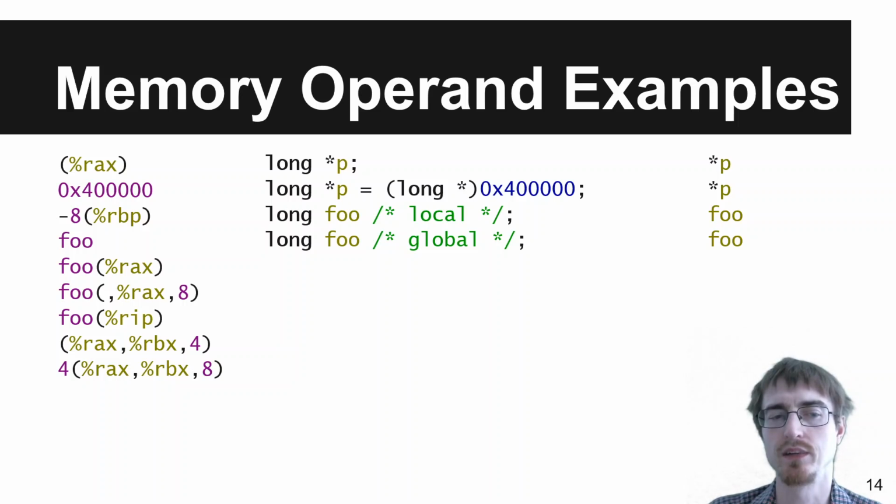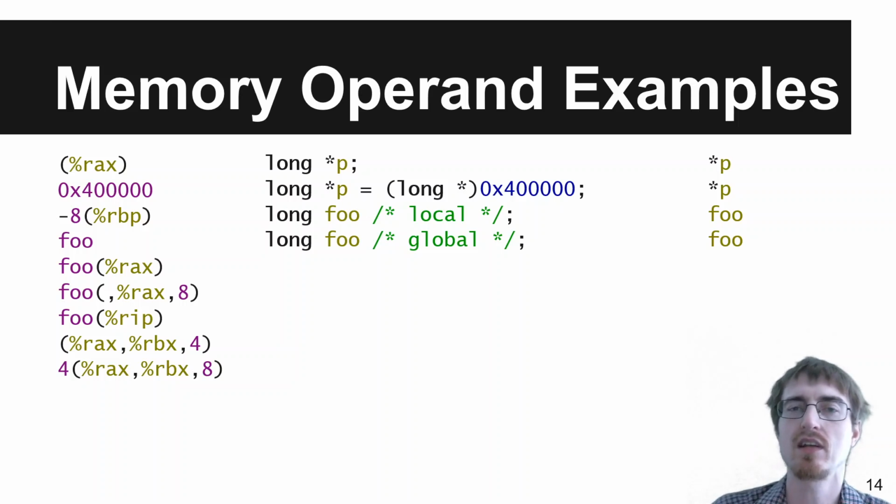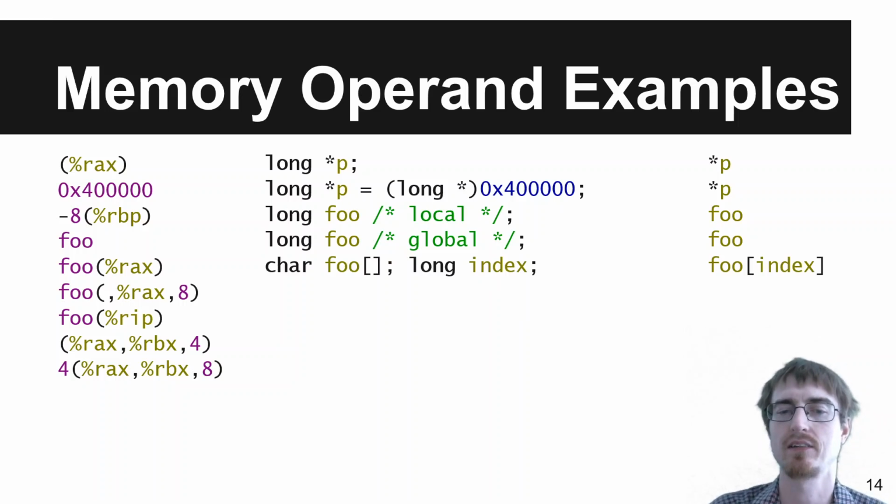Now the next one, foo plus RAX. This is a typical example of an array index. We have an array foo. We have no idea how large it is. This information is not encoded anywhere in the assembly code. The size information just gets lost unless you explicitly keep track of it.